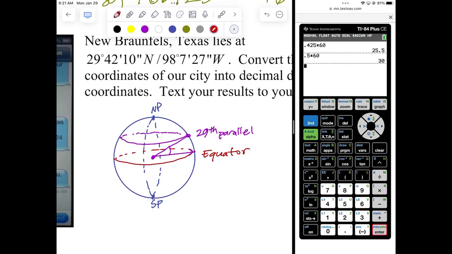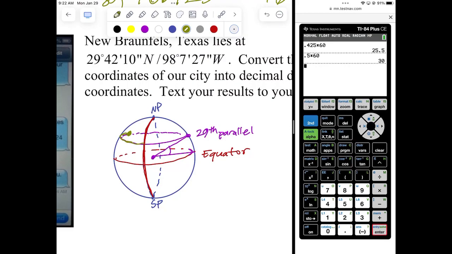So how do we navigate? Well, we also start here from the North Pole, South Pole. There is a starting place called the prime meridian. Okay, and from the prime meridian, we rotate. We rotated north to go up instead of down. From the prime meridian now, we rotate 98 degrees west. So we're going to rotate a little past 90 degrees, and we're going to come around back right there.